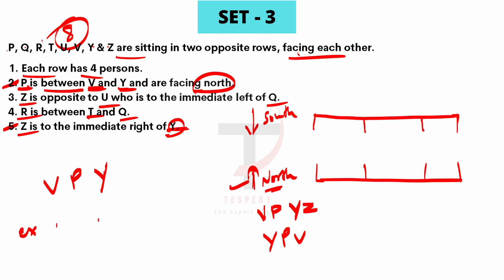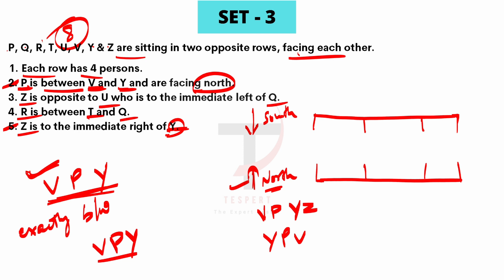Exactly between, which means V, P and Y, right? What is meant by exactly between? P is between V and Y. This is the meaning of the statement, and this is the arrangement. But what is the arrangement of P is exactly between V and Y?